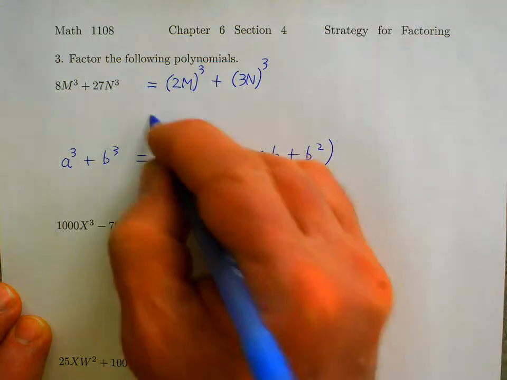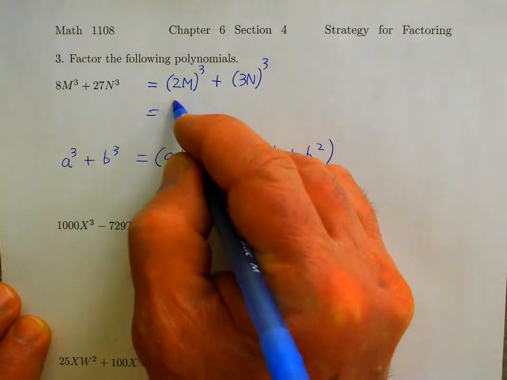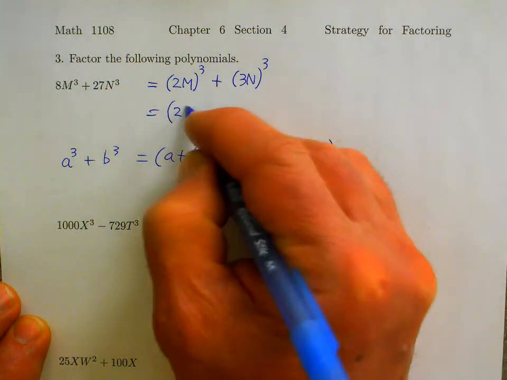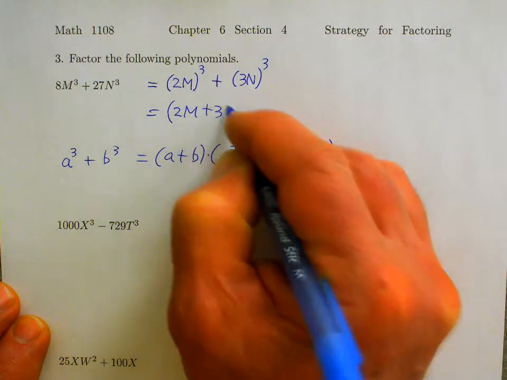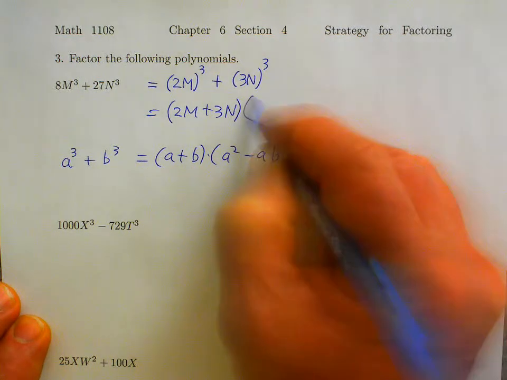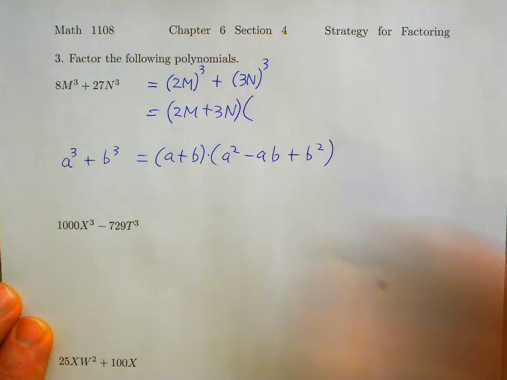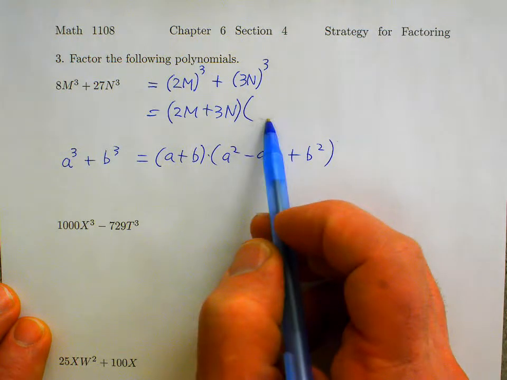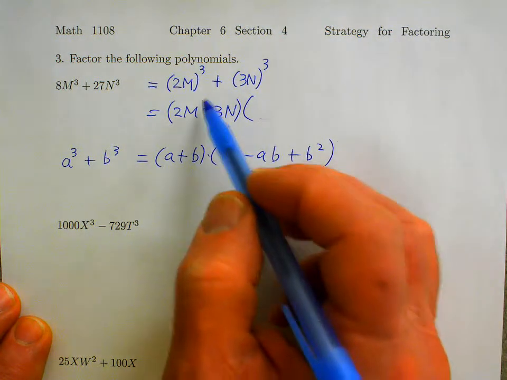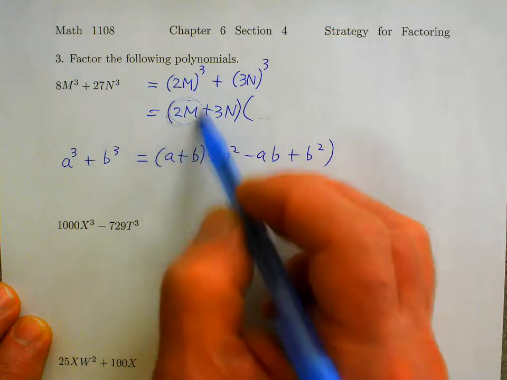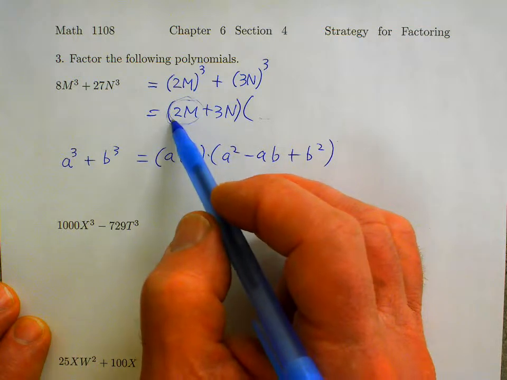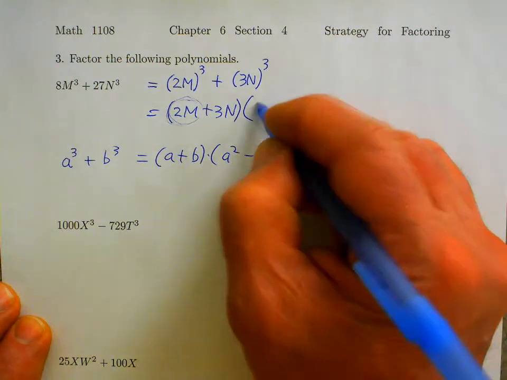Okay, so for this one, the binomial is 2m plus 3n. And then the first term in the trinomial is what we get when we square 2m. So if we square the term 2m, we get 4m to the second.